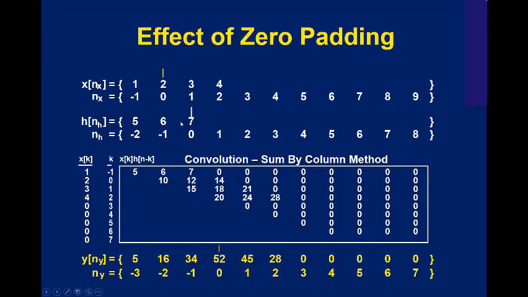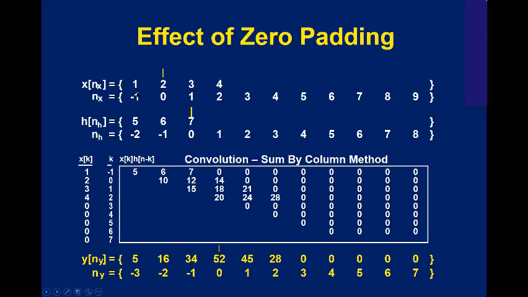And the starting index of my result is going to be, well, let's see. Our first value here is at index minus 1. Our first value here is at index minus 2. So the first index coming out of my table is going to be minus 3.